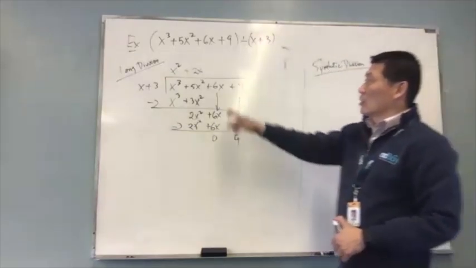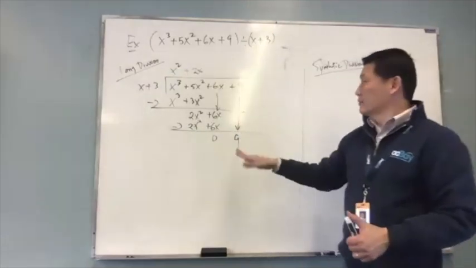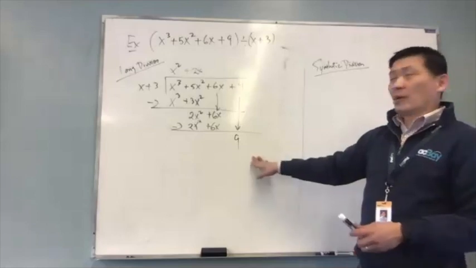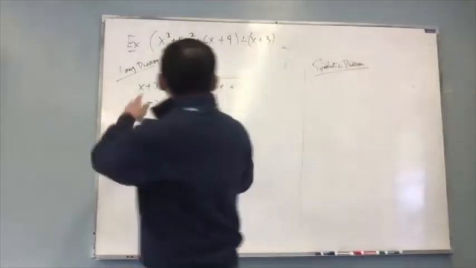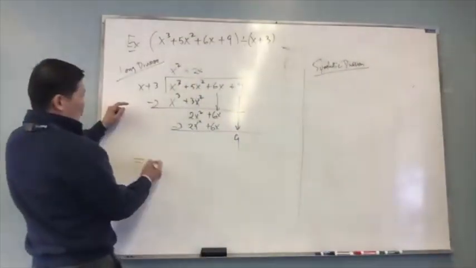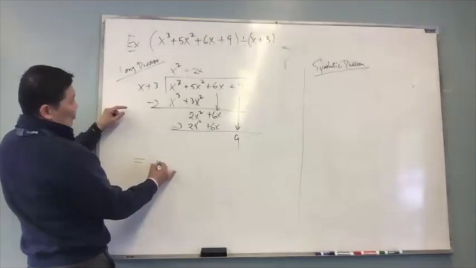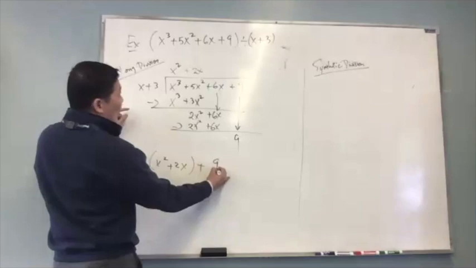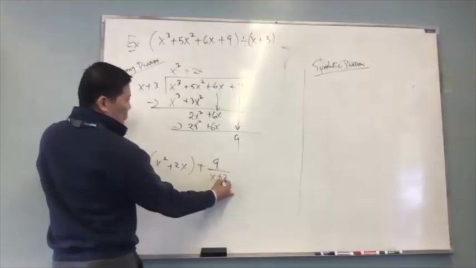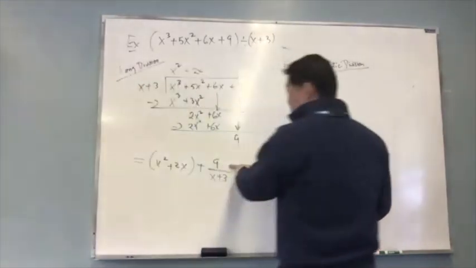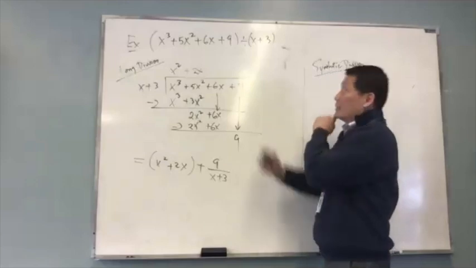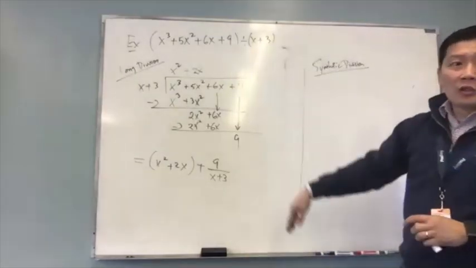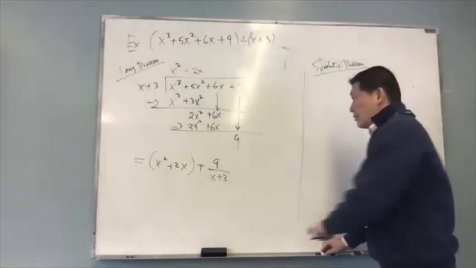There is really nothing else left except that 9. So it works out pretty nicely. So you know that the answer is x squared plus 2x plus 9 over x plus 3, because that is our remainder. Okay, so that's using the traditional long division process.